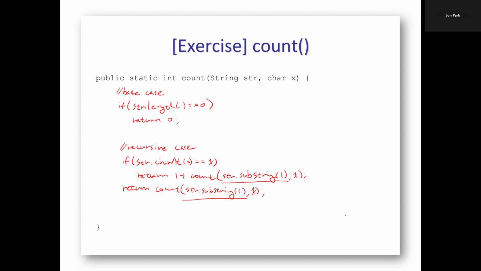So when you do substring, say like cats, and then turn that into ats, so we're just losing the first character.